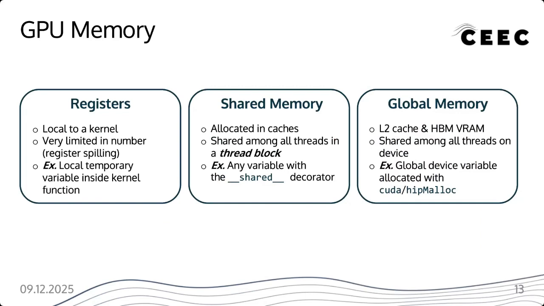These are local to an operation, local to a kernel, right? So a single thread uses registers. There's a very limited number of registers, so you have to be very careful about how many you are using, because this is going to be a choke point, especially in memory-bound kinds of software like we are using in computational science.